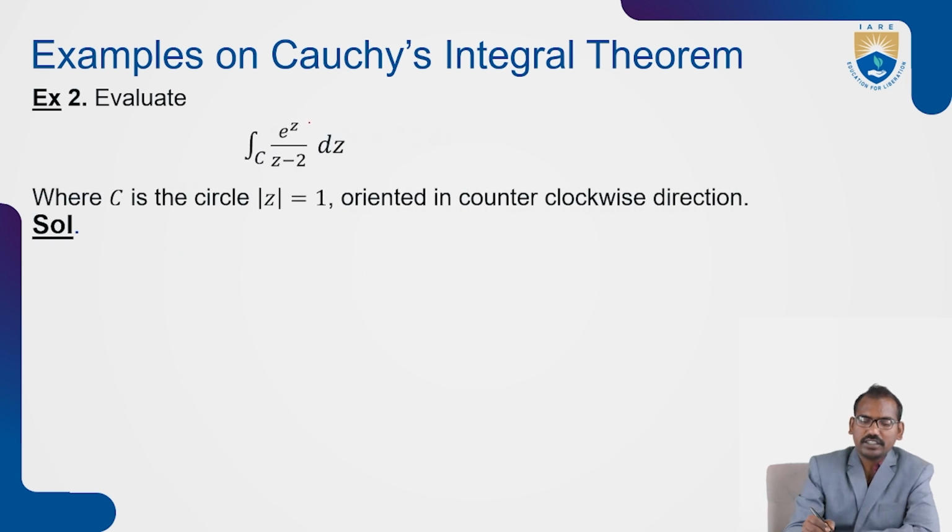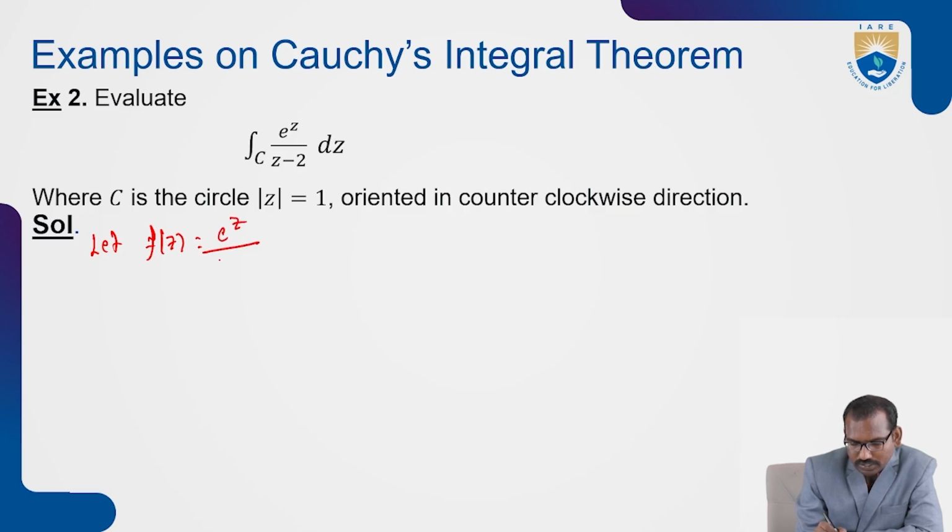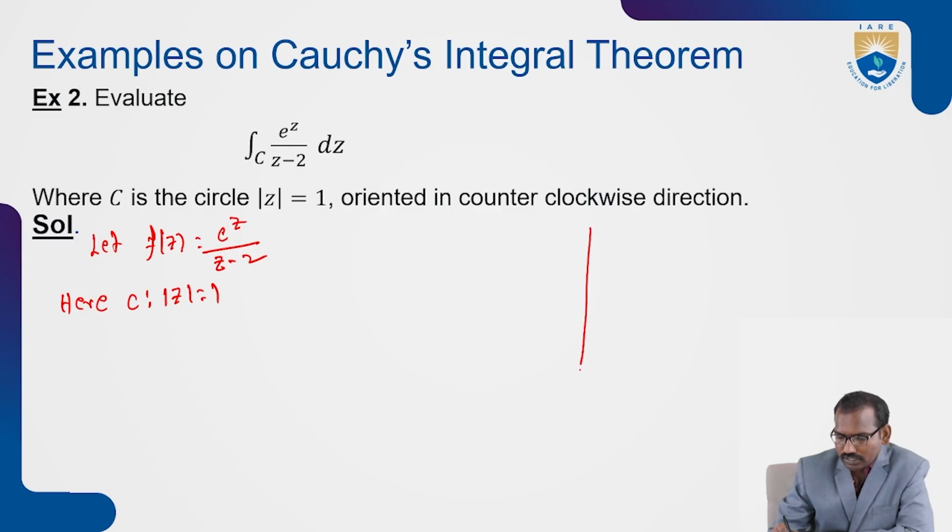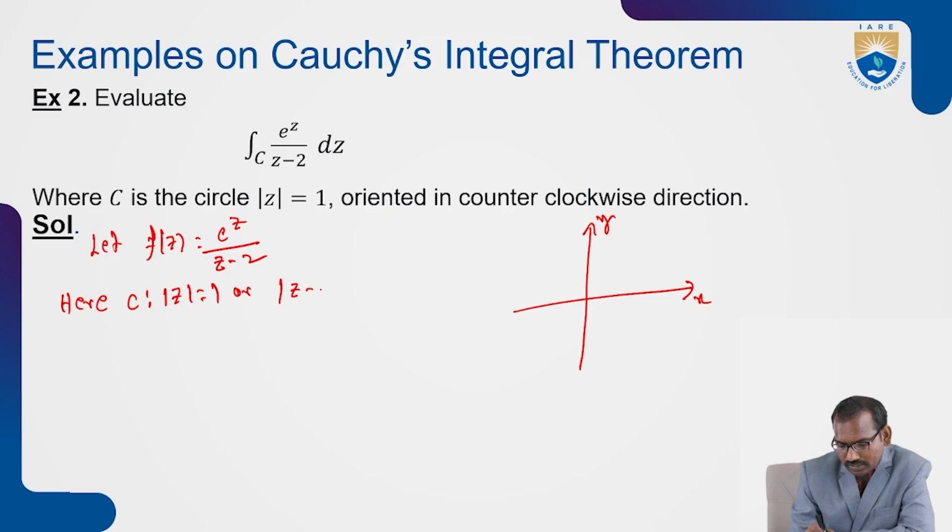Next, we'll take another example. Here, let f of z be taken as e power z by z minus 2. What is curve C? Curve C is mod z equal to 1. Draw the diagram. In the complex plane, with the horizontal axis and the vertical axis, this curve C is the unit circle of radius 1, center at 0.